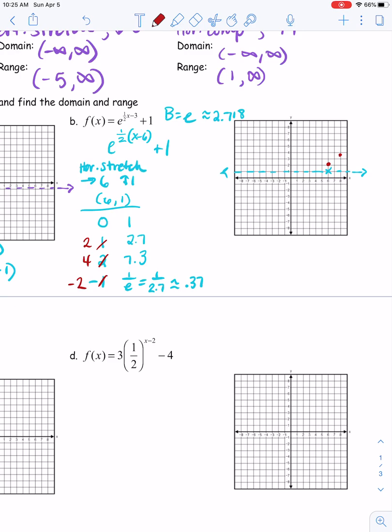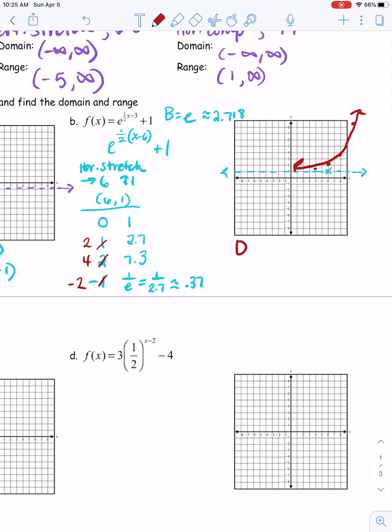Going right 4 and then going up 7.3. So it'd be 1, 2, 3, 4, 5, 6, 7.3. Would be somewhere about right here. And then if I go left 2 from my new origin, I'm only going up 0.37. So really close to that horizontal asymptote right there. And then that'll show me my exponential function.